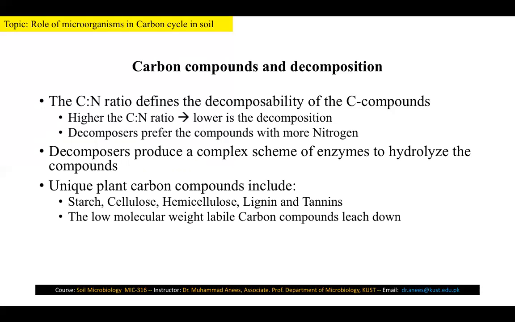There are different plant compounds in the soil that include starch, cellulose, hemicellulose, lignin, and tannins. And apart from that, there are many low molecular weight carbon compounds that are labile. For example, the carbon compounds produced by the roots in the root zone.